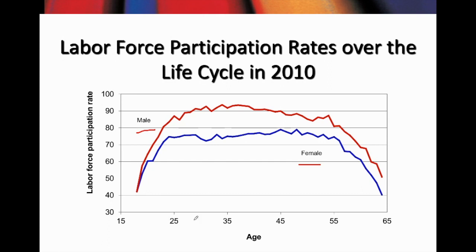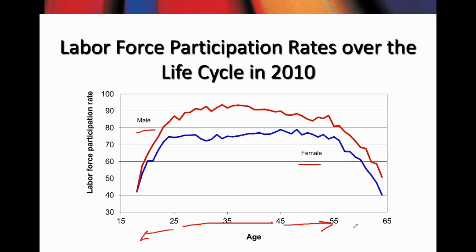Here we find that those below 25 years old, from 16 to 25 years old, have a slightly lower labor force participation rate as compared to those age 25 and above, at least until the age of 55, because these are prime age workers.